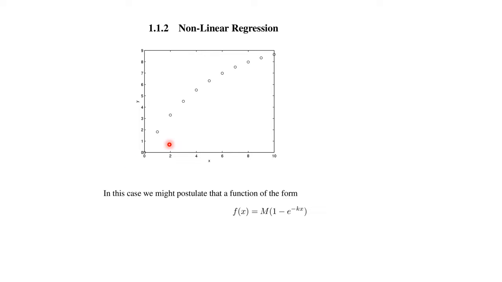So, for example, this looks like it's decaying up to a level. So it might be a function of the type m times 1 minus e to the minus kx. That diminishes to 0, and so f of x approaches m as x increases. And here we've got two parameters, m and k.